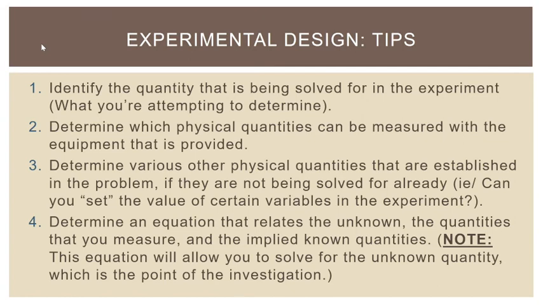And I wrote here, note, this equation will allow us to solve for the unknown quantity, which is the point of the investigation. Additionally, as we already mentioned, but I'm going to bring up again, the equation is super useful because all equations in this course take the form of y equals mx plus b, if it's a linear function or a quadratic function.